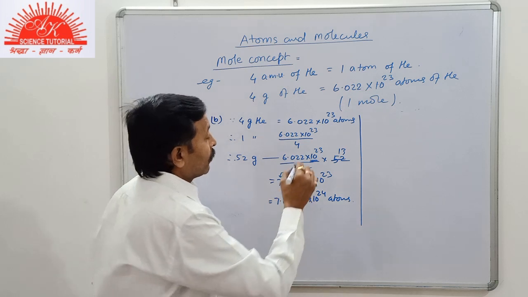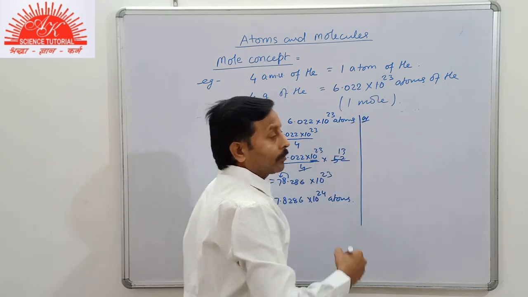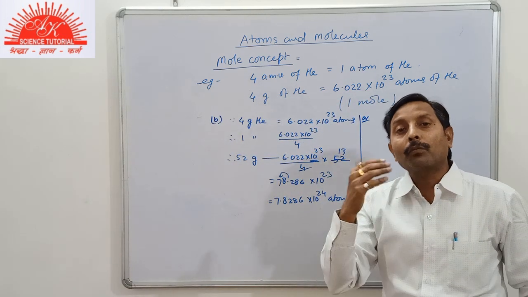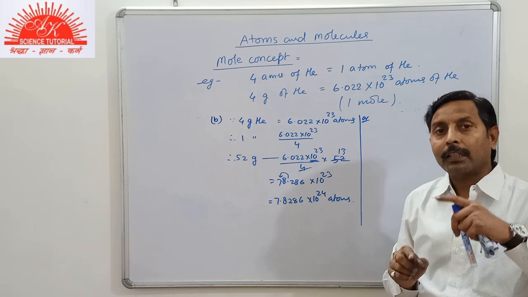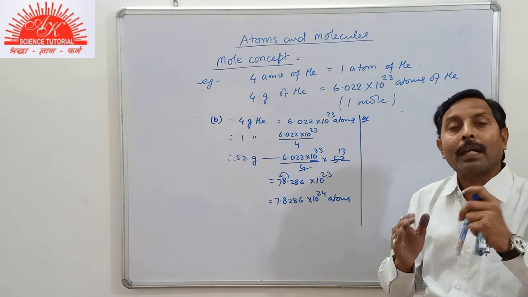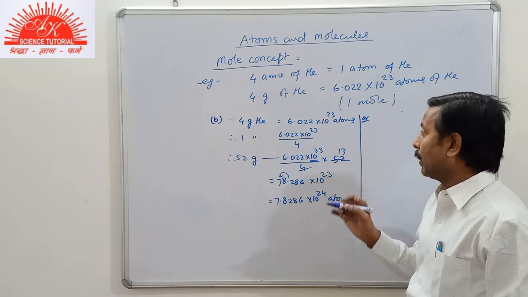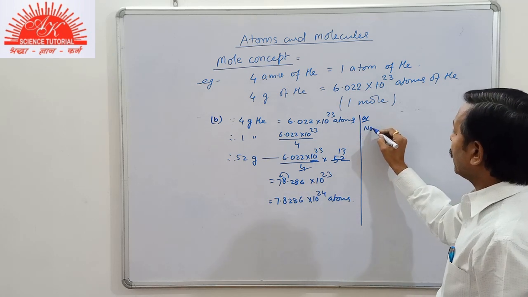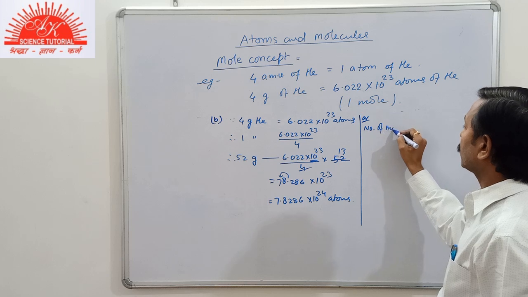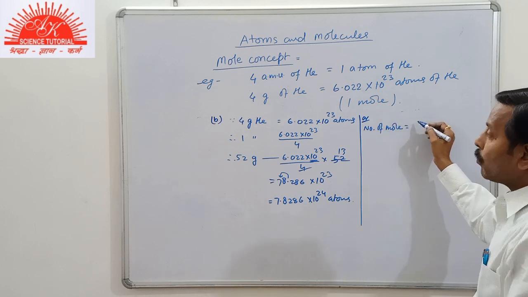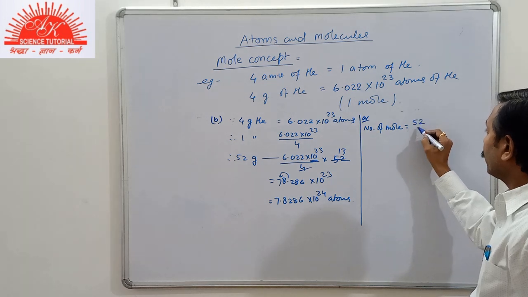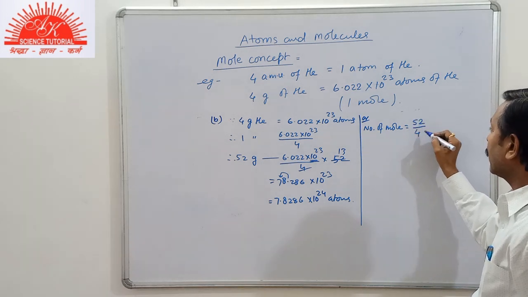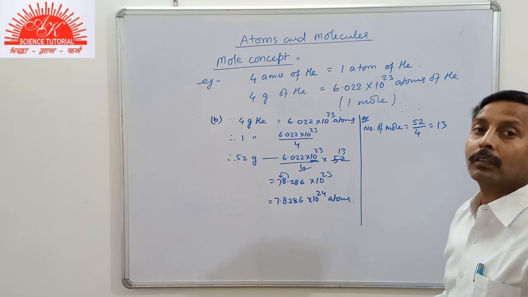Or there may be another method, comparing it with number of moles. Means first of all you will find the number of moles and then multiply it with Avogadro number. Like we solved the first example, first part: 52, that is the given mass, by gram atomic mass, hence it is 13.